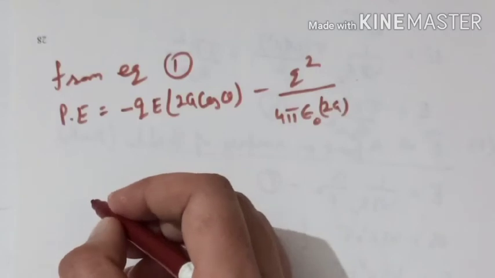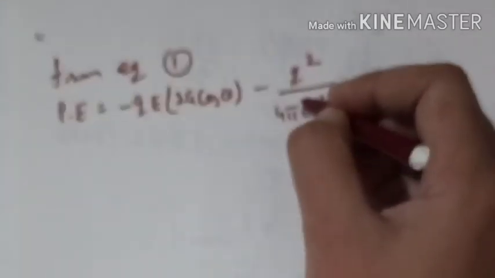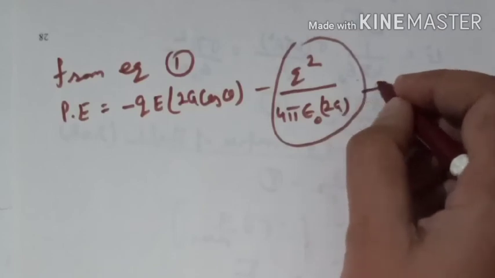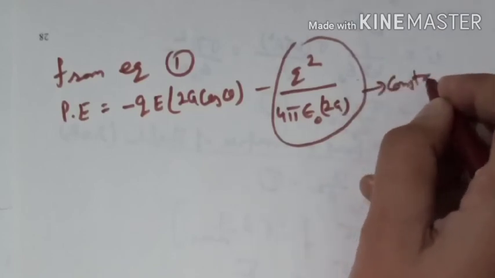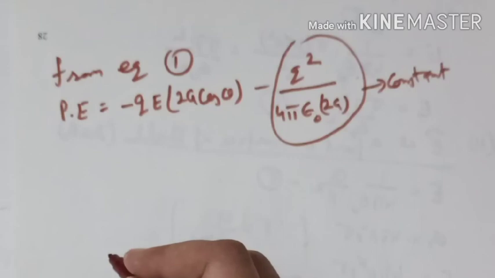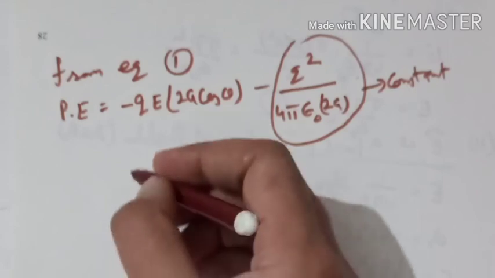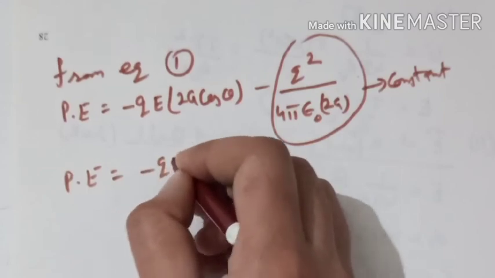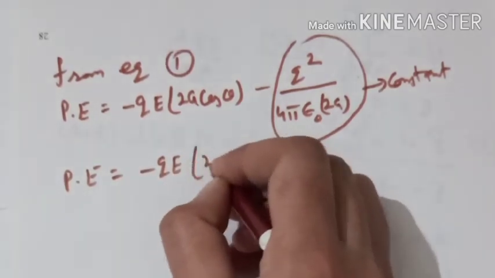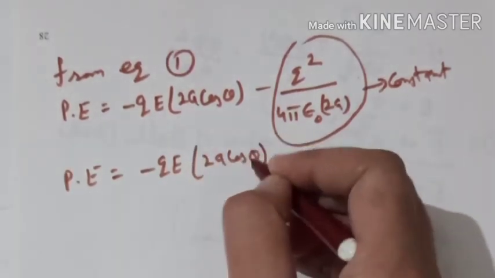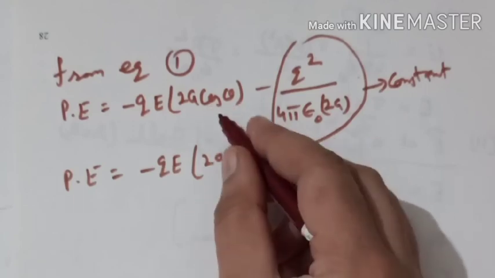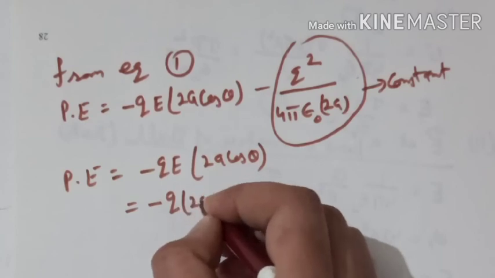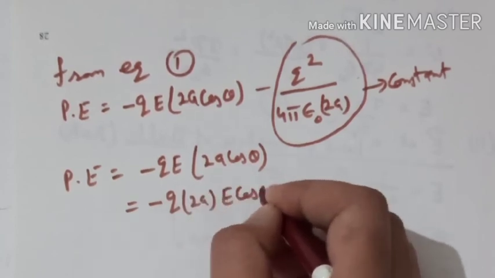This is the potential energy. For a given dipole, this whole quantity is constant. So the potential energy is equal to minus q E 2a cos theta. We are left only with this first quantity, and it is equal to minus q 2a E cos theta.